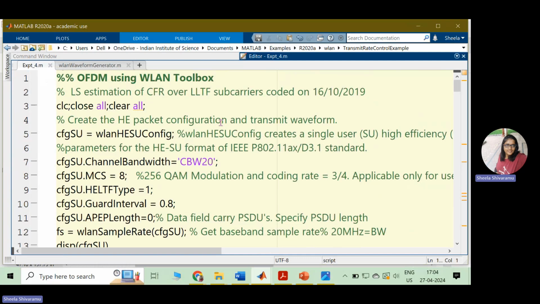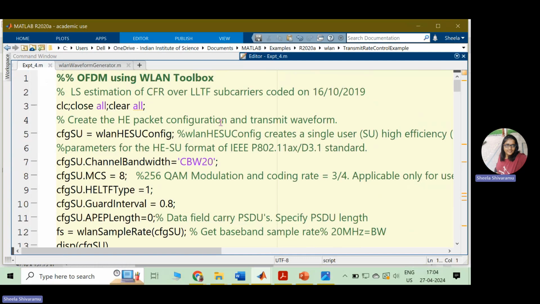In that case, the channel estimate you have done using the LLTF field at the beginning of the packet may get outdated. You may have to do the channel estimation again, because when there is Doppler, the coherence time of the channel decreases and the channel varies fast. So you have to do the channel estimation again when the PPDU transmission happens.